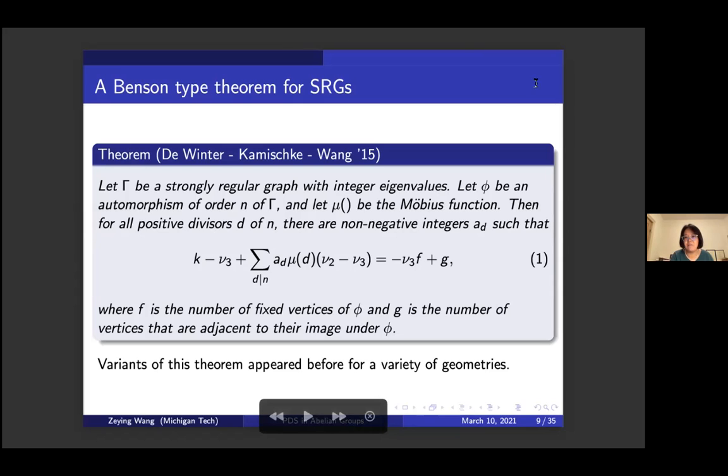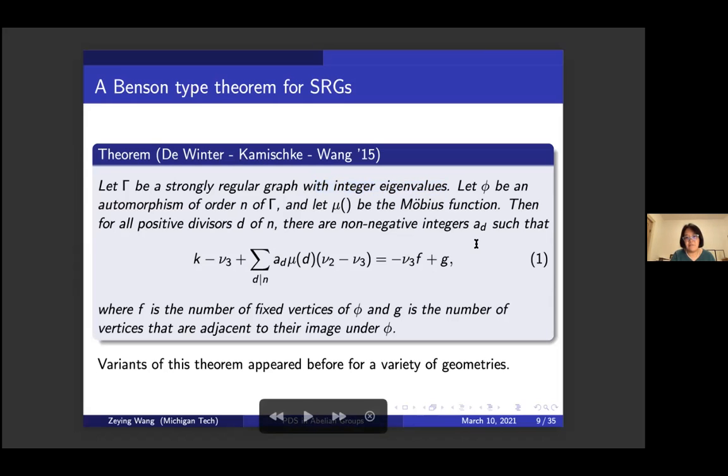Okay, so I'm going to roughly read out this result. Suppose gamma is a strongly regular graph. And now you can see why I really care about integer eigenvalues, right? That's part of the requirement. In most cases they are integers, so we don't worry too much.